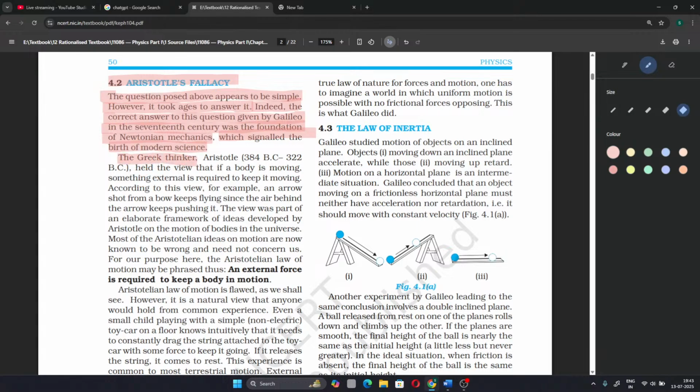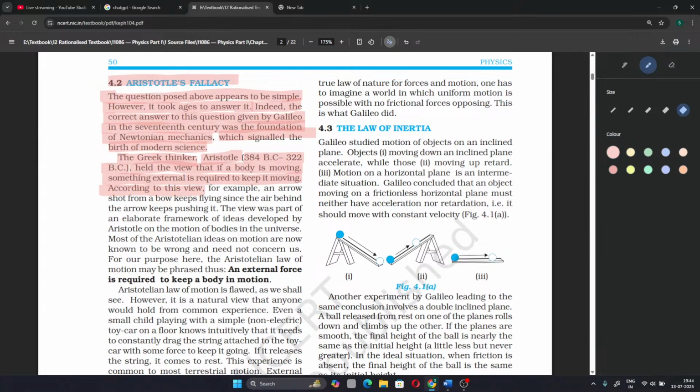The Greek thinker Aristotle, 384 BC to 322 BC, held the view that if a body is moving, something external is required to keep it moving.